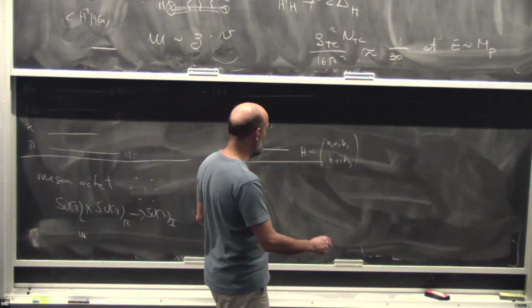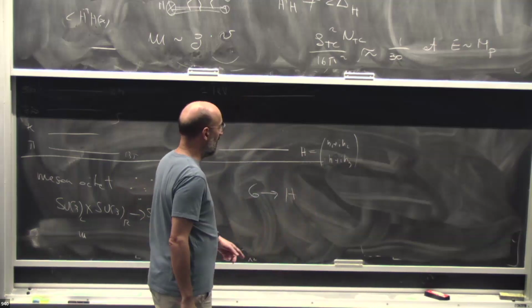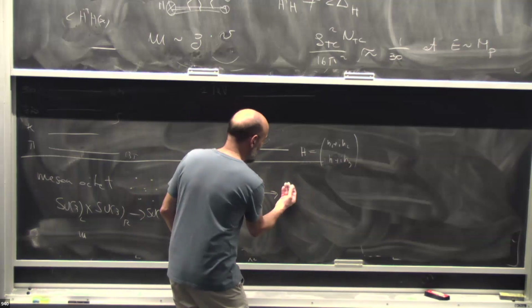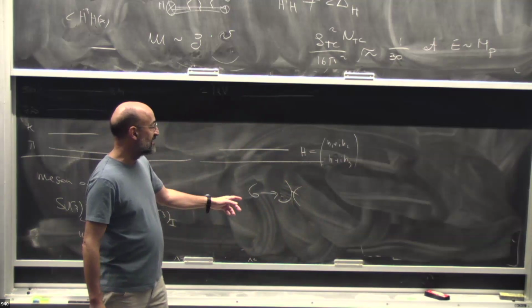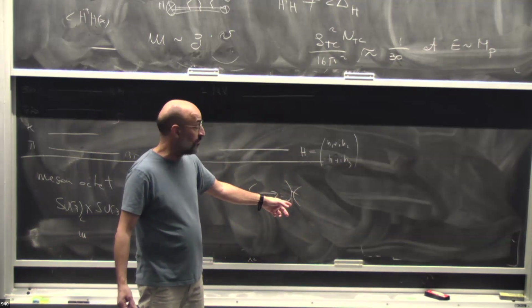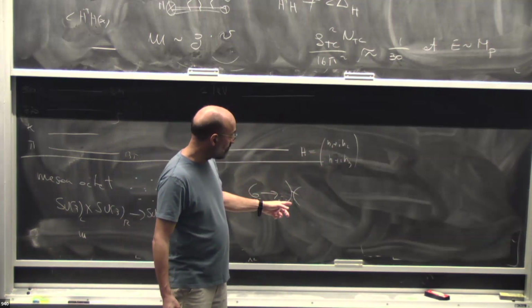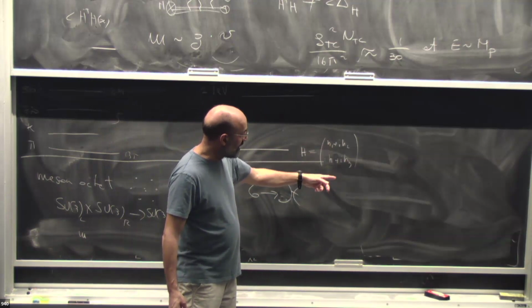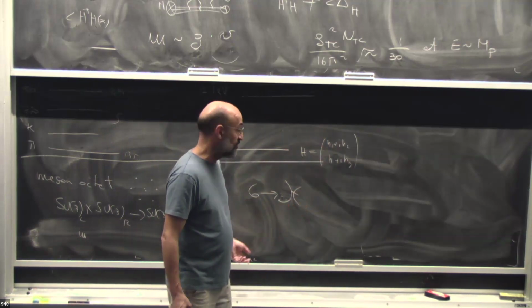In the situation here, you would have a similar breaking G to H, such that this H contains SU2 cross U1 if you want, but SU2, and such that the resulting Goldstone bosons fill a doublet of H.